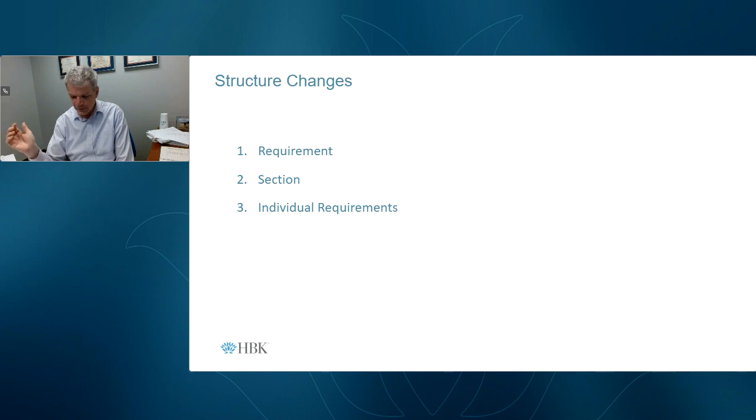If you're up to requirement 12, you might have 12.1 or 12.6.1.1. So it's formalizing the hierarchy between the requirements, the sections, and then the individual requirements.